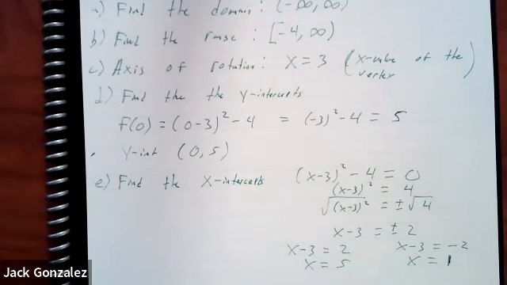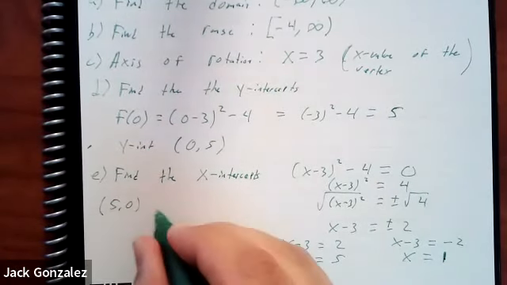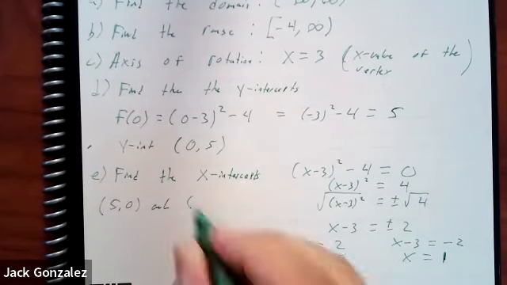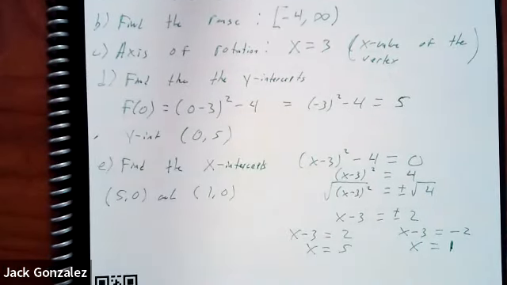Those are the X values, and those are the X-intercepts. So as points, you would write (5, 0) and (1, 0). Those are the points, right?